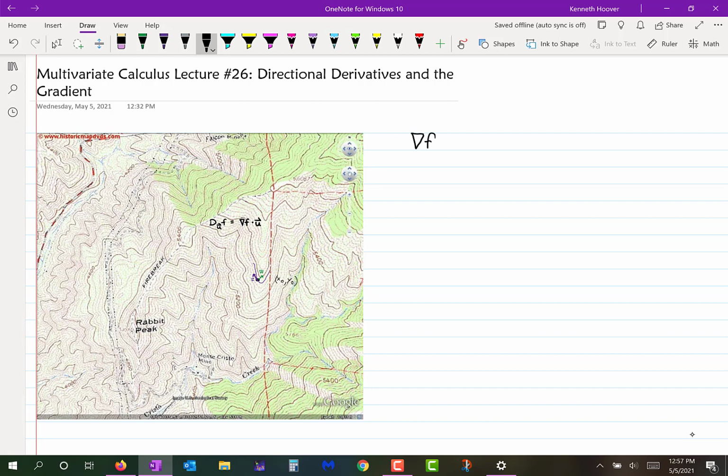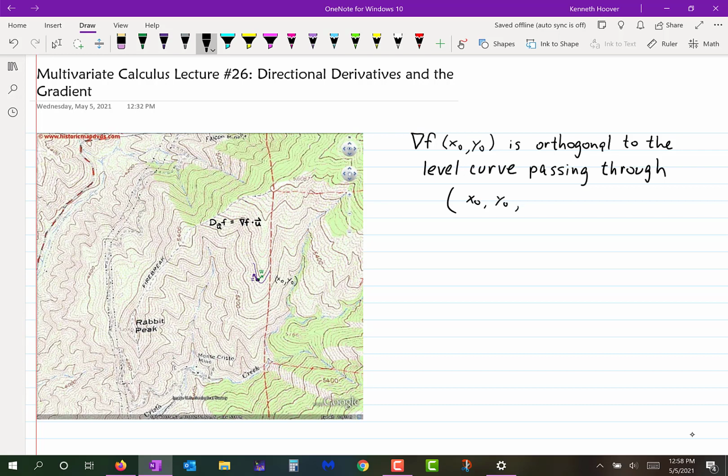The gradient of f at x naught, y naught is always orthogonal to the level curve passing through the point x naught, y naught, f of x naught, y naught.